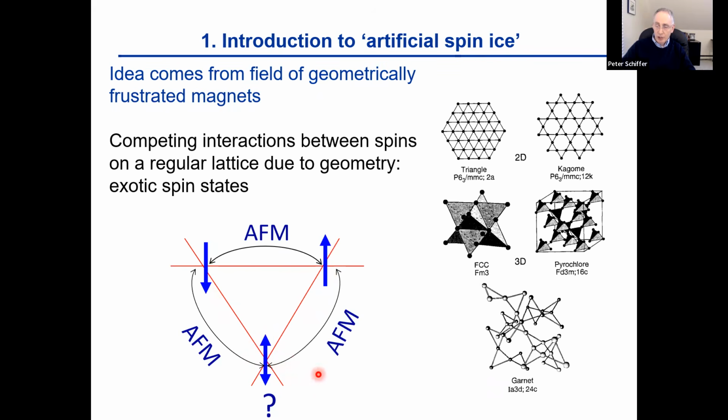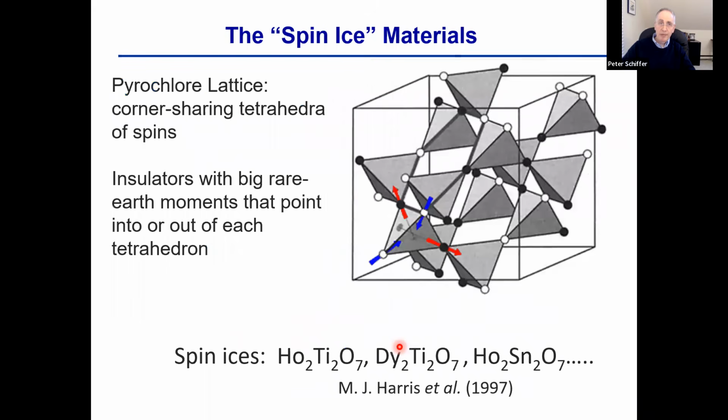And it turns out that there are lots of materials in nature that have lattices based on triangles that are frustrated in this way and have unusual ground states and exciting different types of physics based on that frustration. One of these types of materials is a category called spin ice.